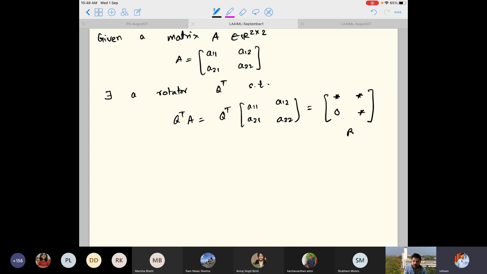Because this is a rotator, Q transpose A is equal to R implies that A is equal to QR. So if A is equal to QR, then you achieve QR decomposition. So you have A is equal to QR, so you prove this QR decomposition.